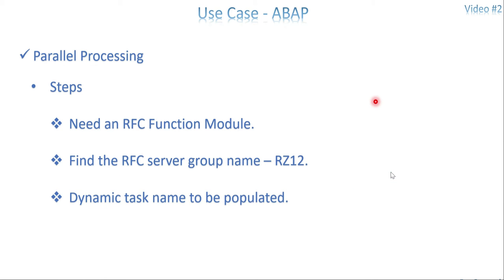We need an RFC function module. A normal function module does not work for parallel processes. You need an RFC function module, even if it is going to be called from the same server. And you need to find the server group name with the help of the transaction called RZ12, a transaction where you are able to see the server name, the group name. In a test system, you don't find any group name.